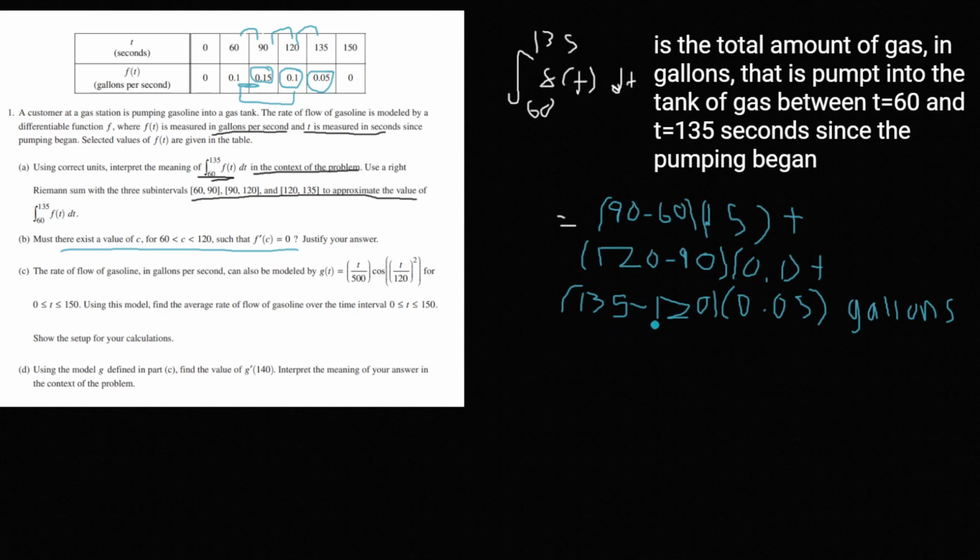And so you could say the average rate of change is 0, and so there must be a value such that the rate of change at the instant is 0, because f is a differentiable function. So basically writing that out will get you the point for part B.